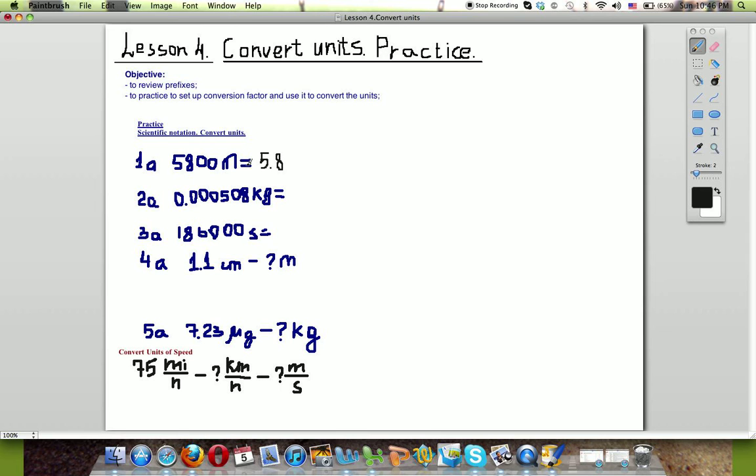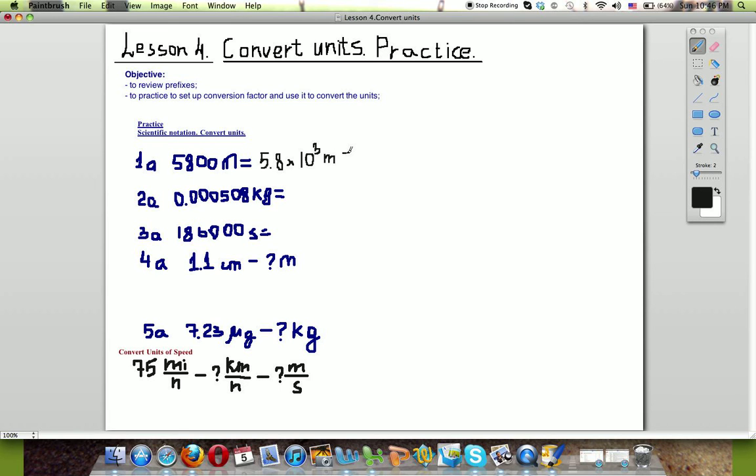But I have to keep it equal, so 5,800 does not equal 5.8. That's why I'm going to multiply and use the power of 10. To make these two numbers equal, I have to multiply by the power of 10 of 3. 1, 2, 3. I have to move the decimal places 3 times to the right, so the power of 10 is 3, and it's in meters.